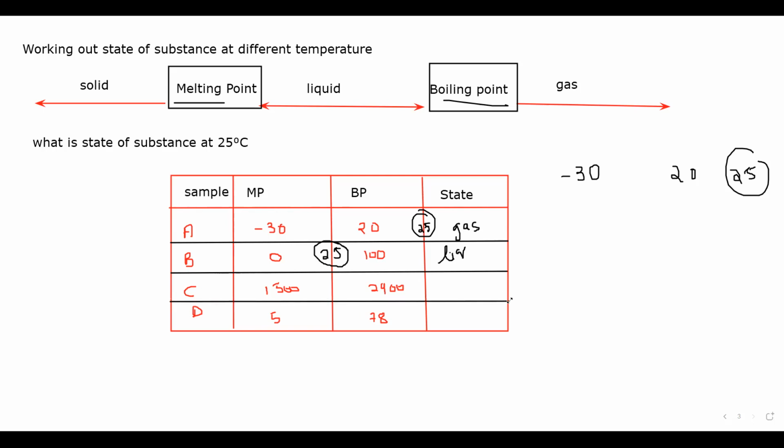Same thing, if we check for sample C at 25, where will the 25 come? It is 1500 and 2900. So 25 will be before the melting point. If it is before the melting point, what will be the state of the substance?